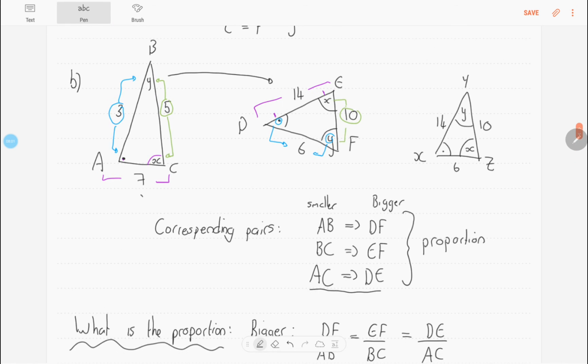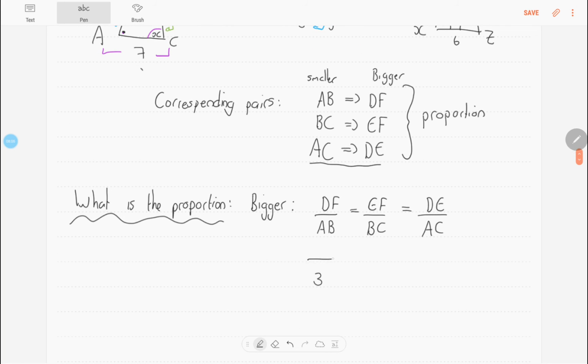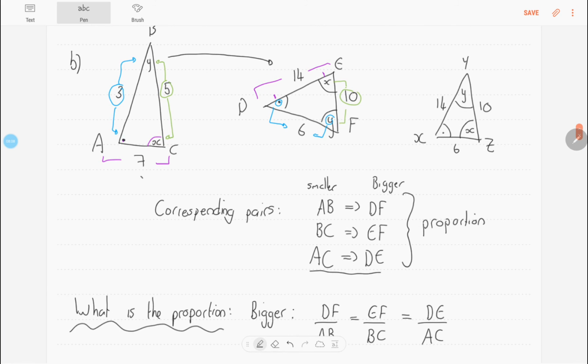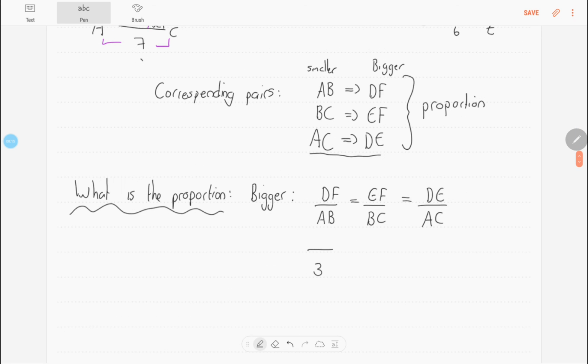Okay, so let's fill in our values. So AB is equal to 3, and DF we have is equal to, where is this thing? Sorry, 6.